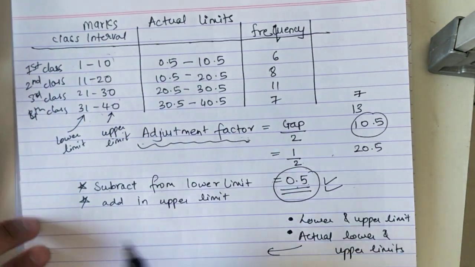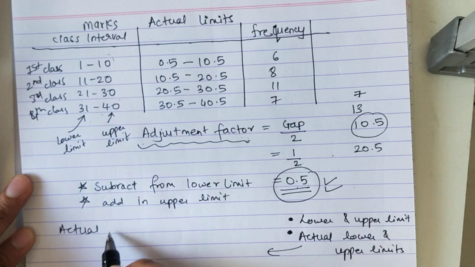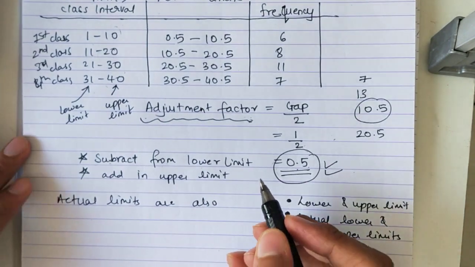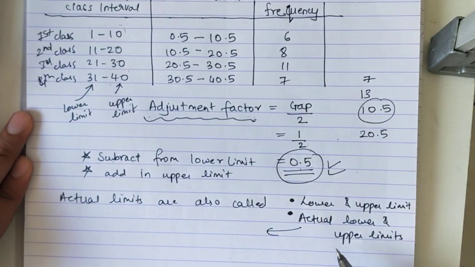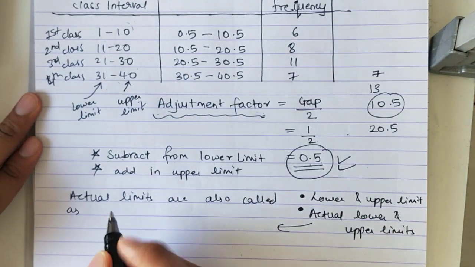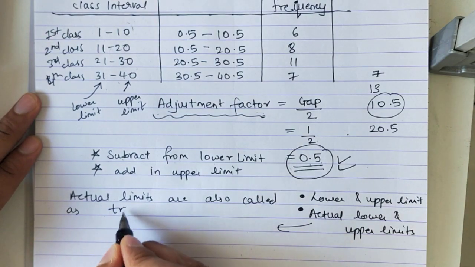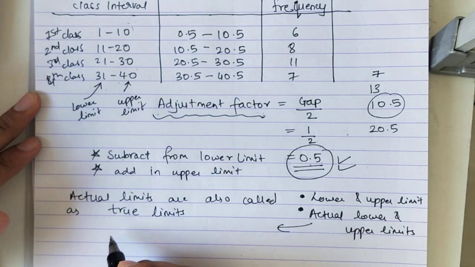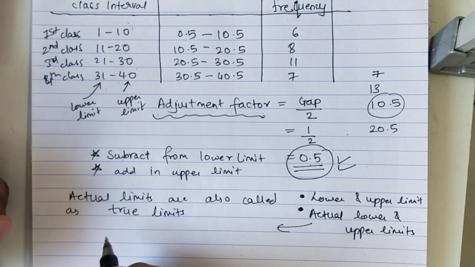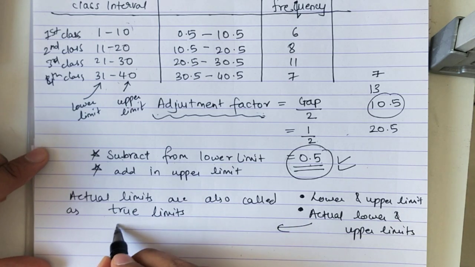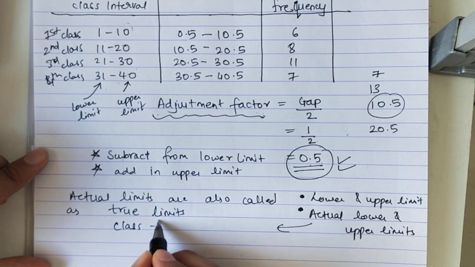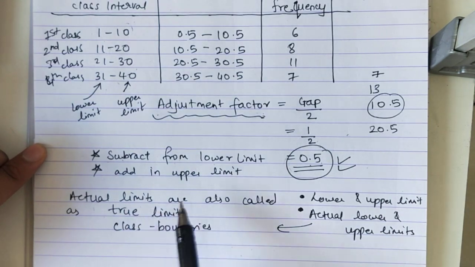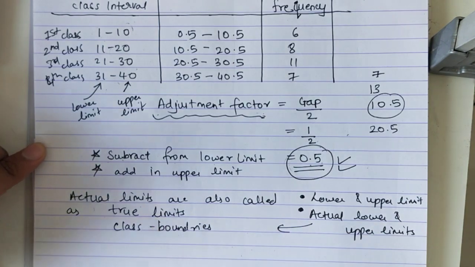These actual limits are also called true limits or class boundaries.